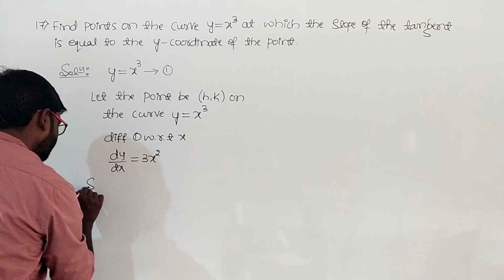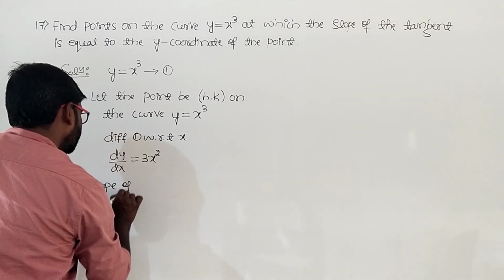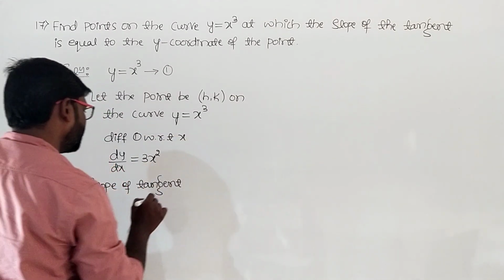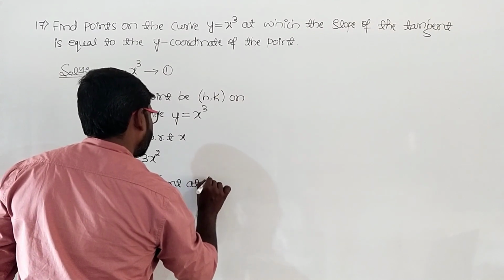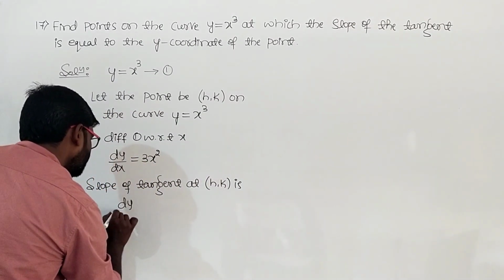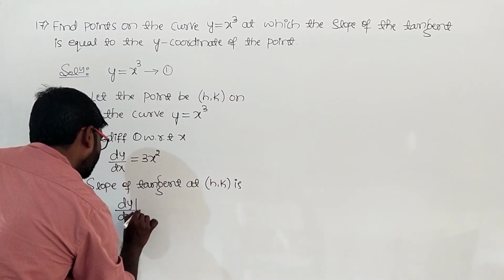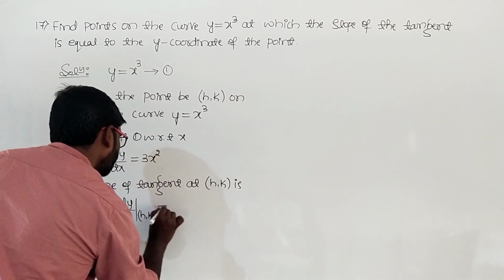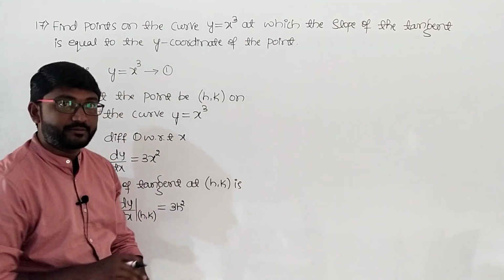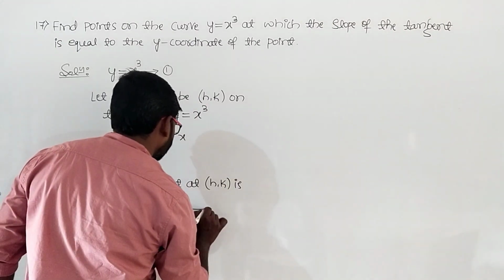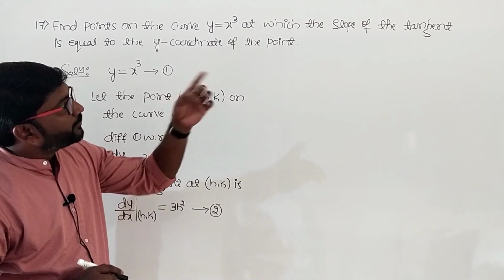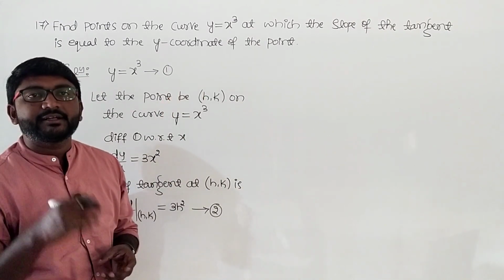Now we will have to find the slope of the tangent at the point h comma k. Slope of tangent at h comma k is dy by dx at h comma k, which equals 3h square. So let us call this equation number 2. And what else has he given? He has given the slope of the tangent is equal to the y coordinate of the point.